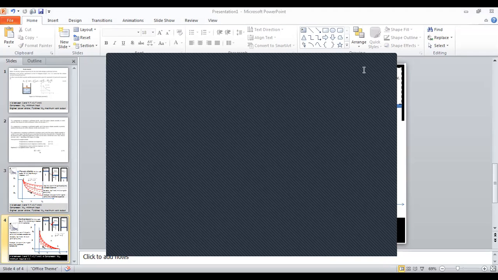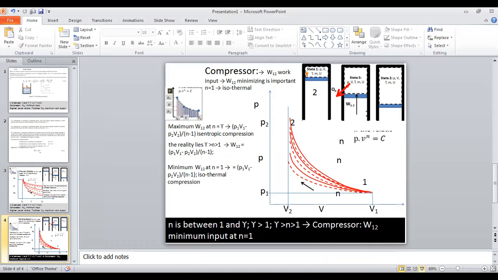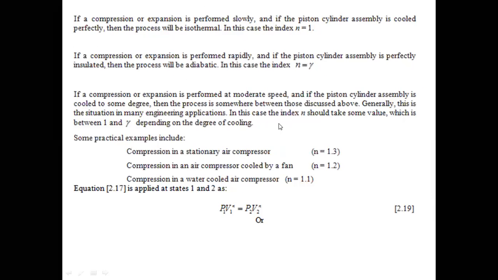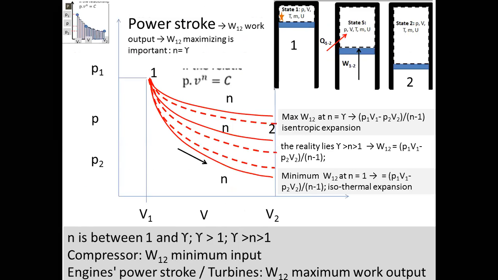Try to understand this. If I make a summary, expansion means the power, releasing power. So I just put power stroke because there is a piston cylinder here.